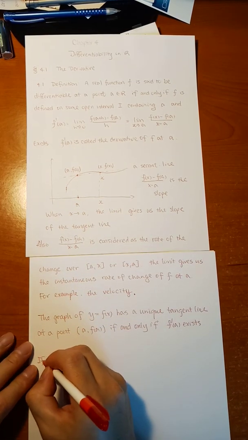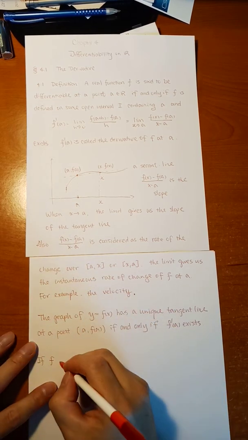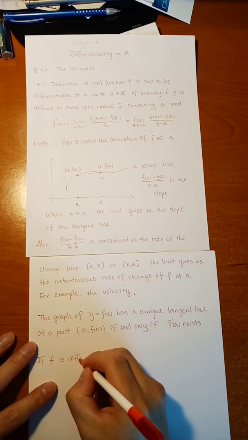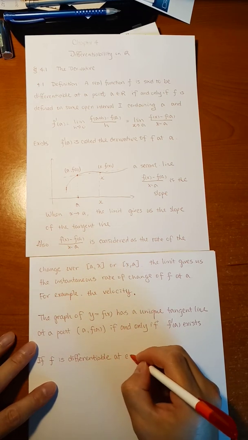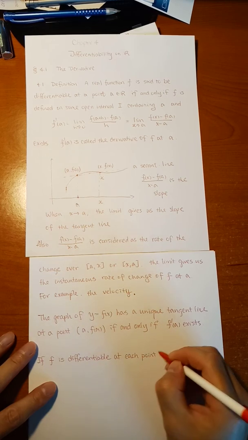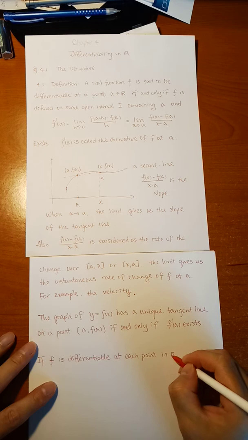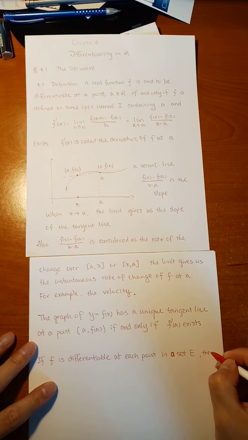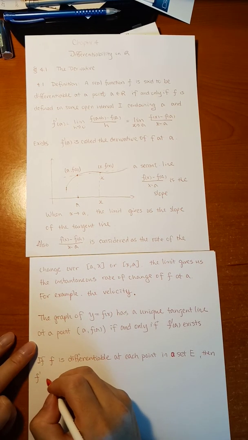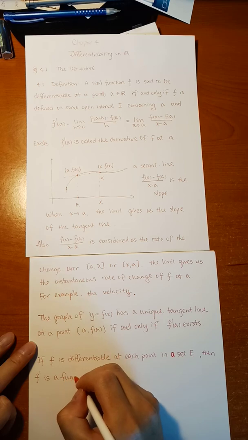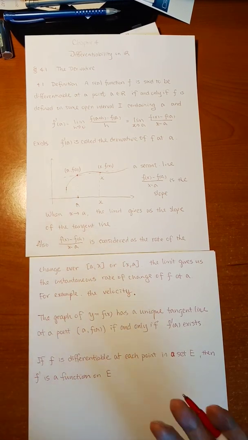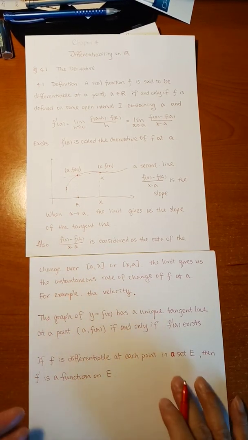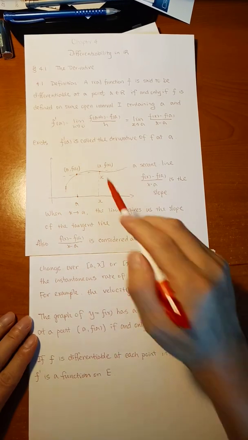If f is not just differentiable at one point, but if f is differentiable at each point in a set E, then f prime is a function on E. It's called the derivative function. f prime becomes a function because at each point you can define f prime of a.